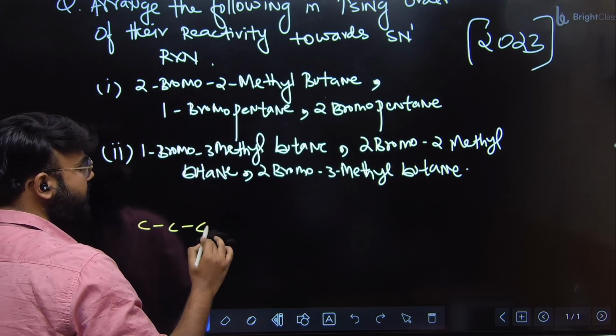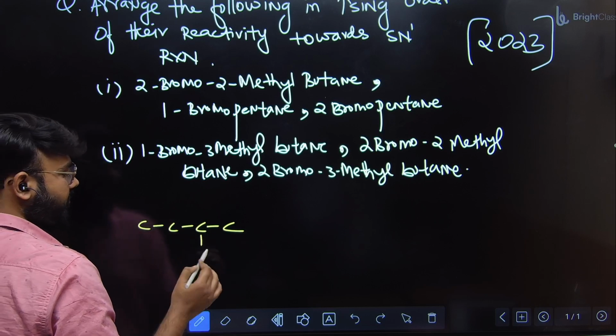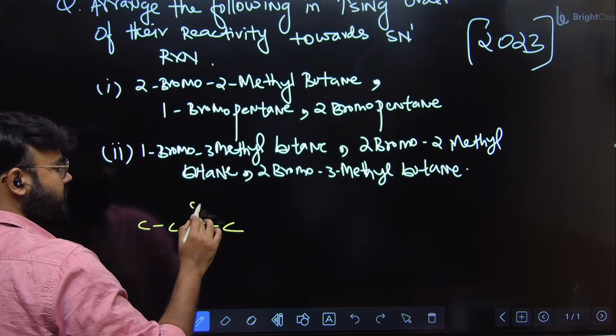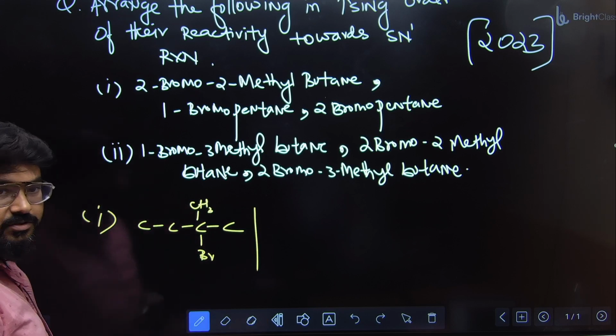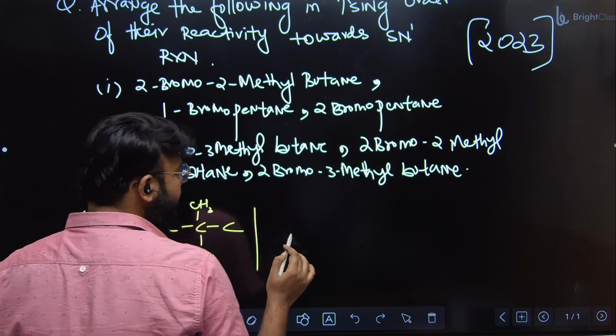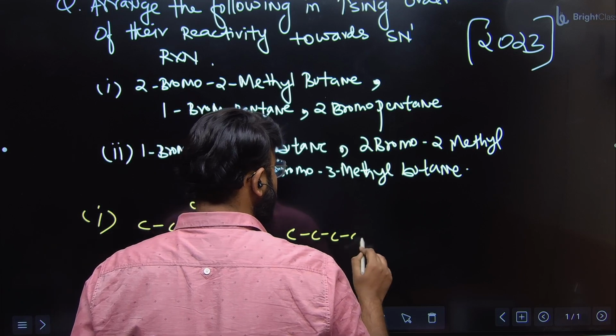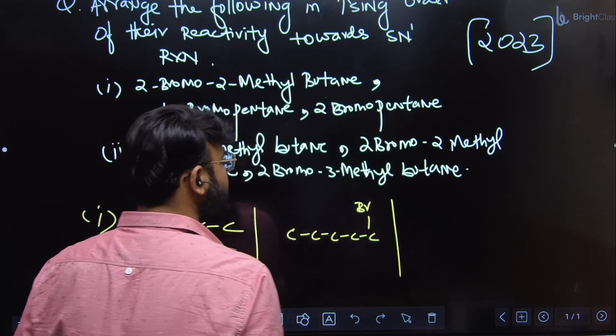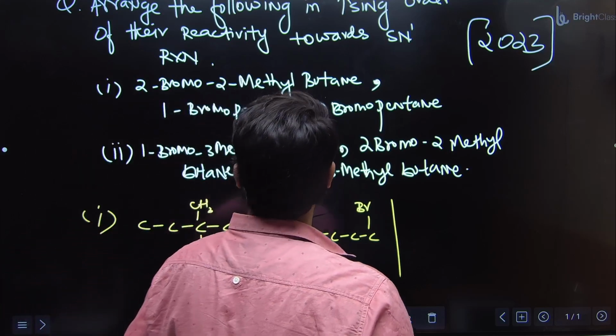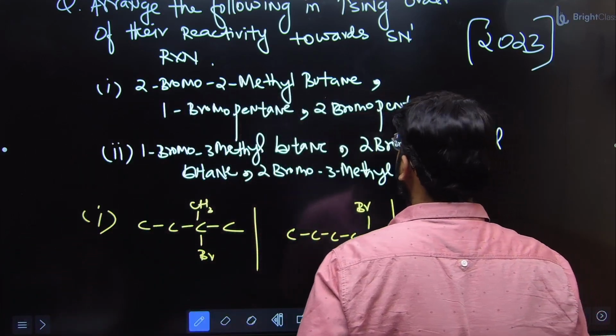So first of all, this is the first question I'm solving. Everyone match your answers. Second one is 1 bromo pentane. Got it, no? And next what you have? 2 bromo pentane.